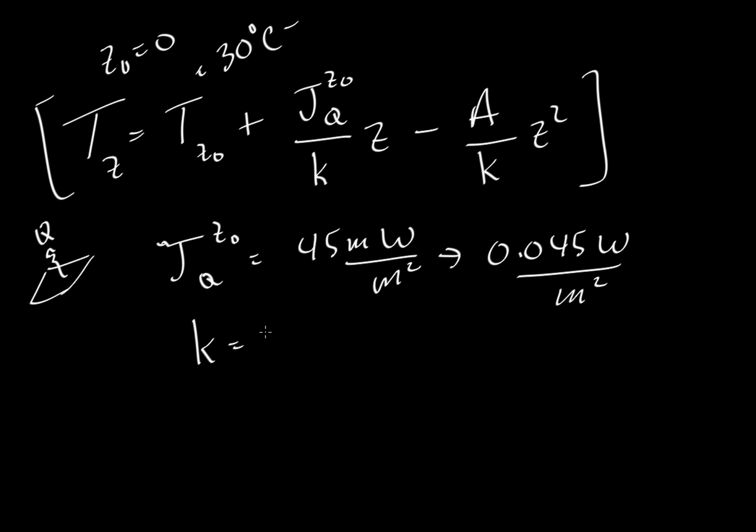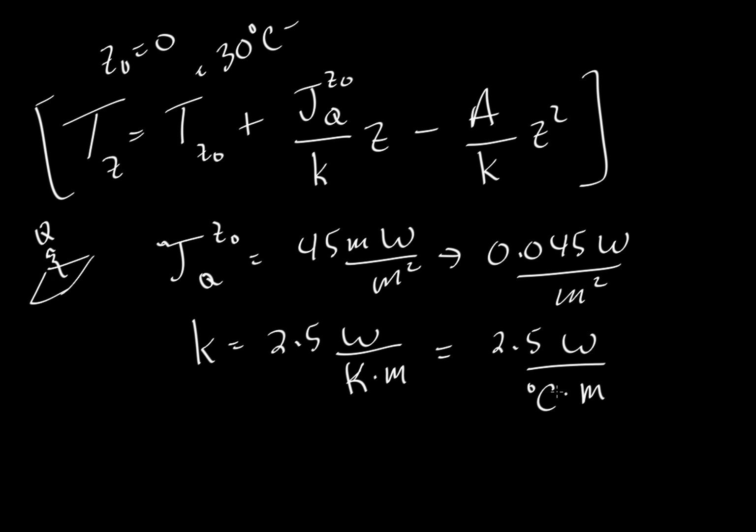Thermal conductivity is, in our case here, 2.5 watts per Kelvin dot meter. So this K is a capital K for Kelvin. That is numerically the same as 2.5 watts when we express it in degrees Celsius per meter.